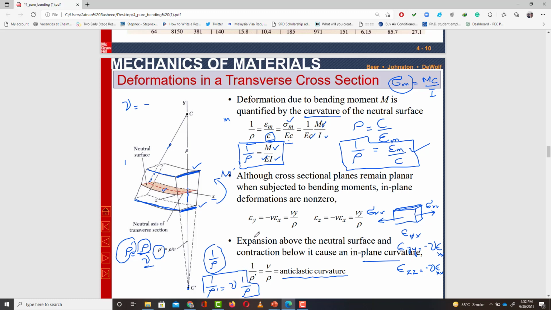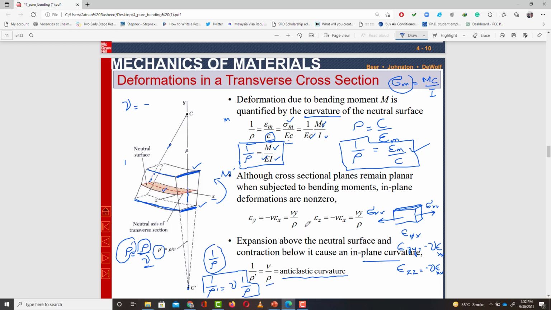This expansion above the neutral surface in the transverse direction, and this contraction below the neutral surface in the transverse direction, cause an in-plane curvature, and this is known as anti-elastic curvature. So this anti-elastic curvature is 1 over rho dash, and that is equal to nu times 1 over rho. So this was deformation in the transverse section.